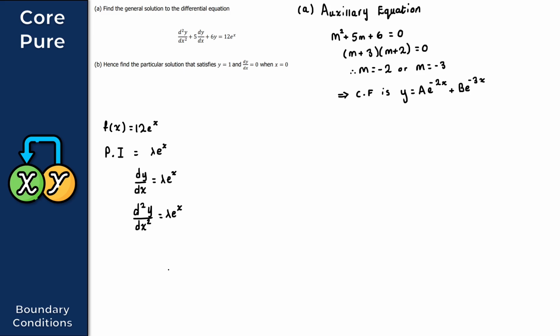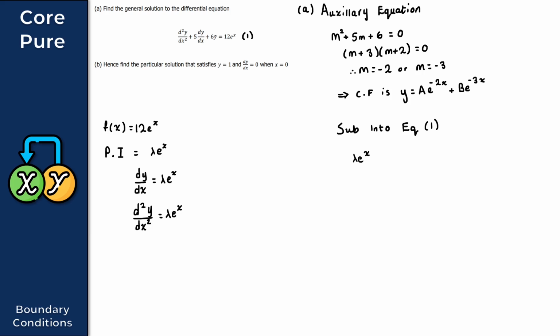Now let's substitute this into this equation. Let's call this equation 1. So we sub into equation 1. We have the second derivative, that's lambda e to the x.